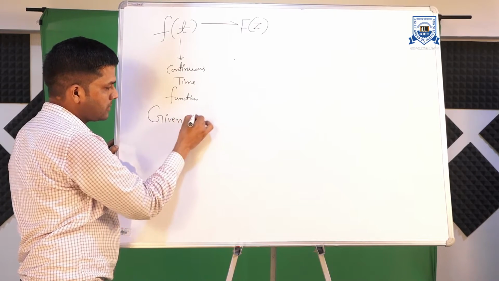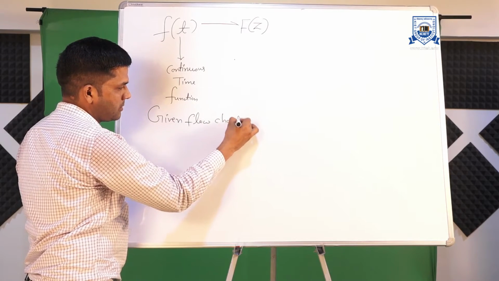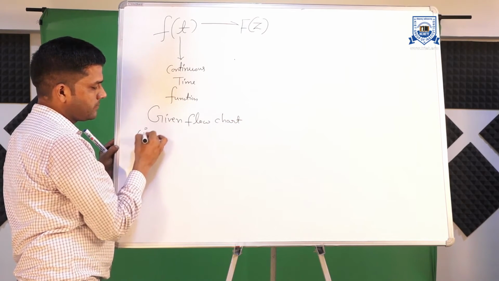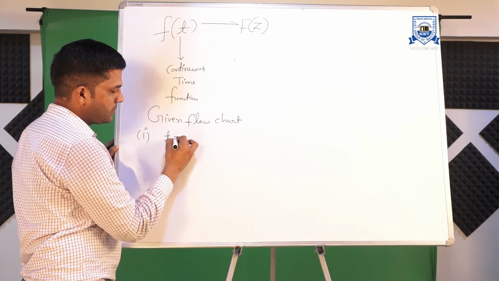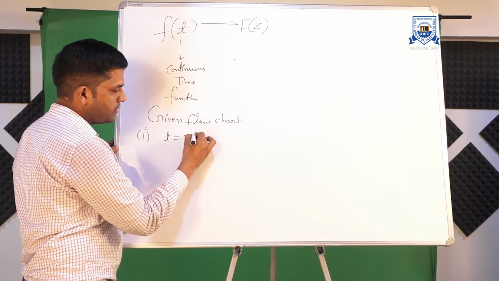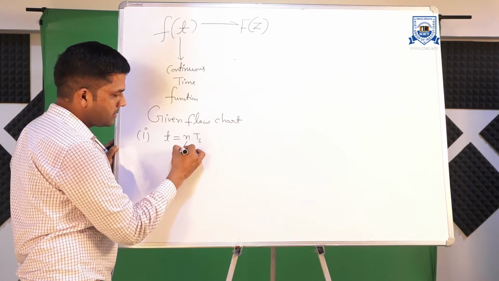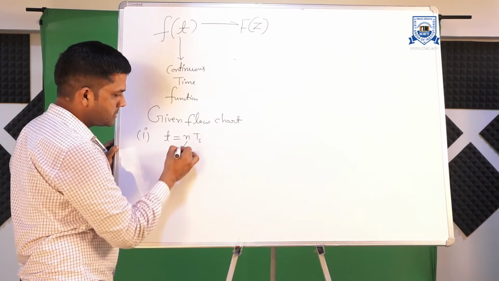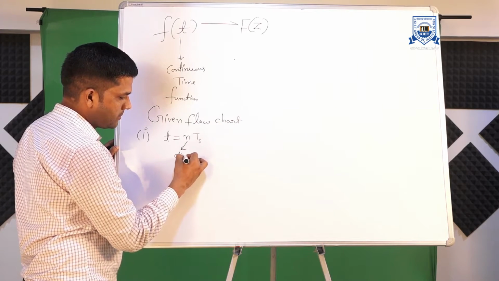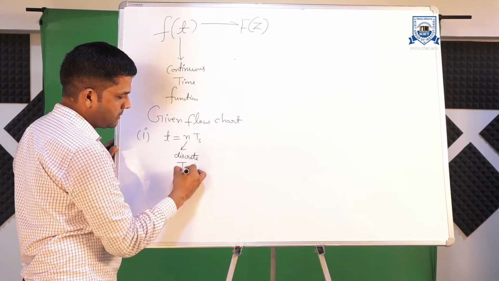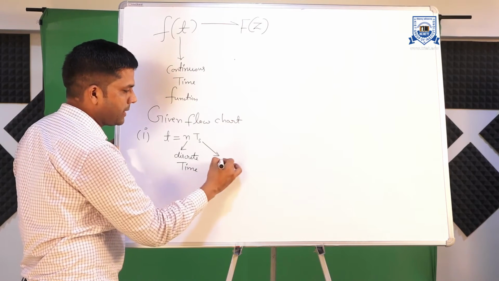The first step is that continuous time t is replaced by n Ts, where n denotes discrete time and Ts denotes sampling time.